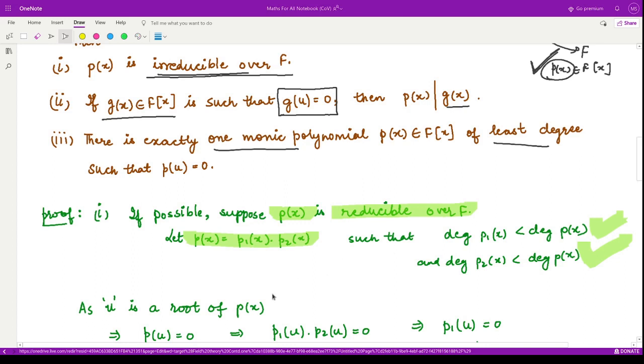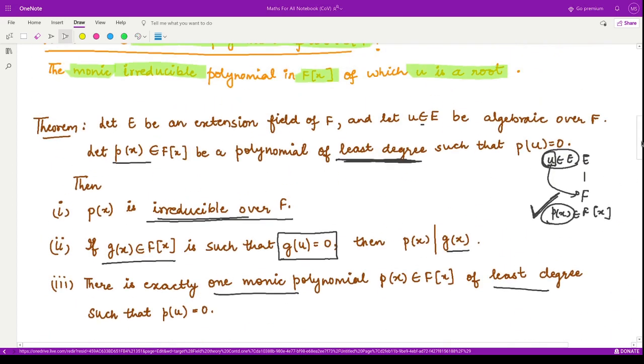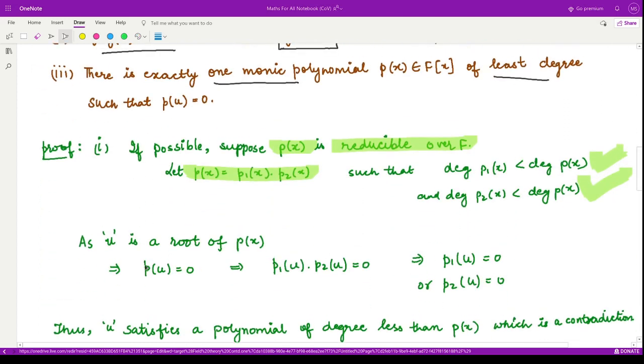Now u is the root of p(x), that is given to us because u satisfies p(x). Therefore p(u) is 0, that means p1(u) times p2(u) is also equal to 0. That means at least one of them is equal to 0. In either case, the degree of each of these polynomials p1 and p2 is less than the degree of p, and u satisfies it.